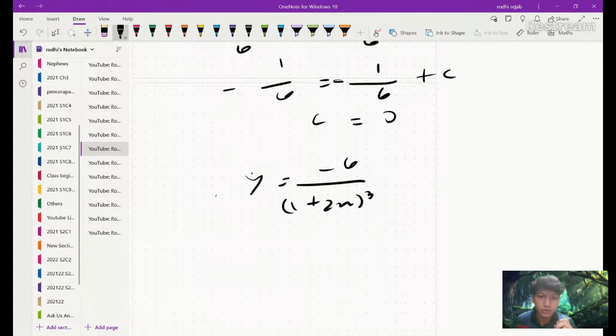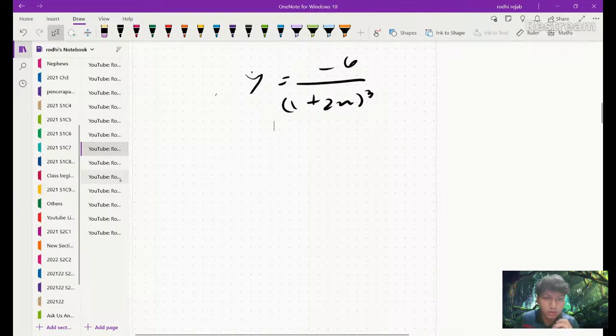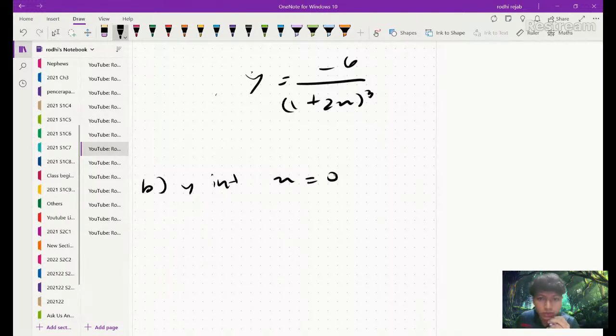So soalan B tadi dia nak y-intercept, which means x is equal to 0. So masukkan je 1 plus 2 0.